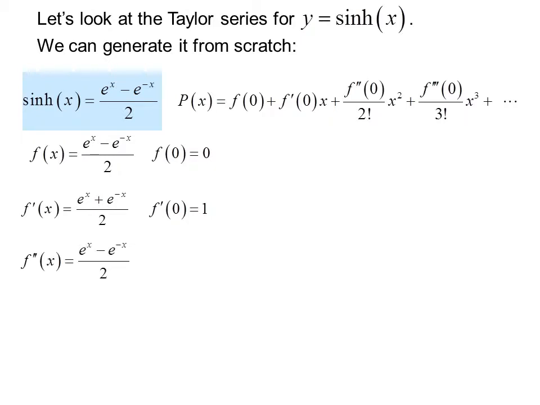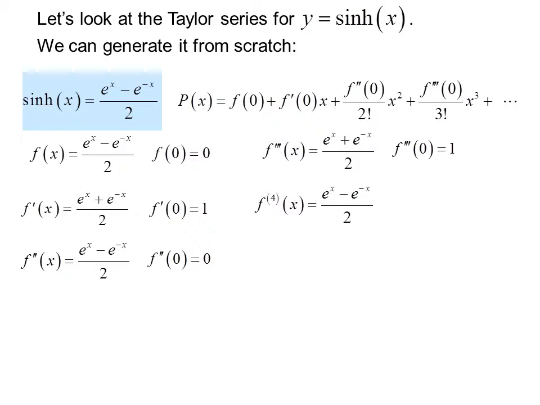For the second derivative, we have e to the x minus e to the negative x over 2. Evaluated at 0, we get 0. The third derivative is e to the x plus e to the negative x over 2. And the third derivative at 0 gives us 1.